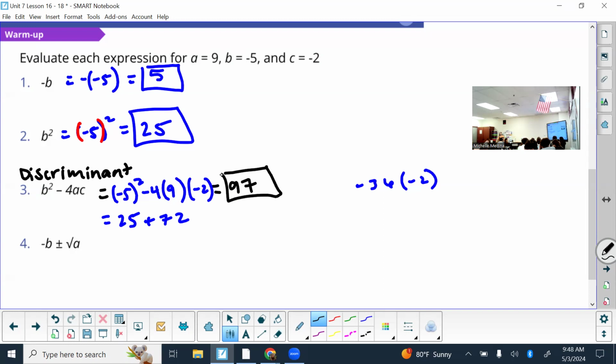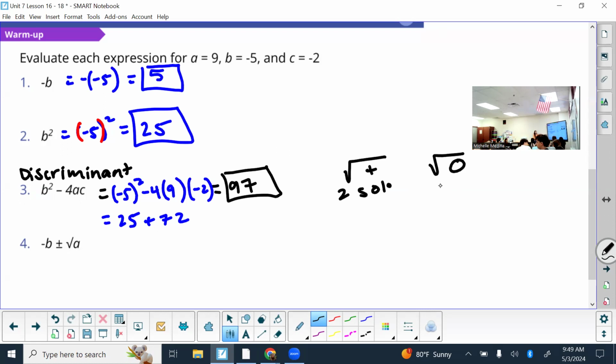If this was the quadratic formula that we were plugging it into, would I have 1 or 2 solutions if I'm having a square root of 97? Yeah, 2 solutions. So anytime that you square root a positive, you should have 2 solutions. I'll abbreviate that.